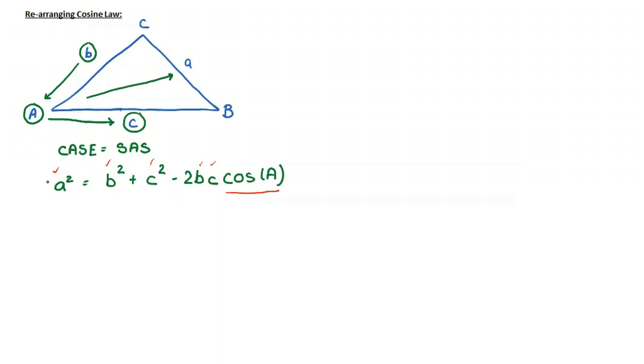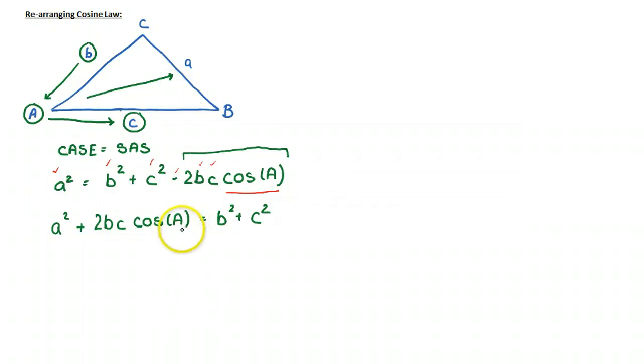I'm going to start by observing that I have minus 2bc cos A, and I want to make that positive. So I'm going to say a squared plus 2bc cos of A is equal to b squared plus c squared. So what I did was I took this entire component here and I added it to both sides.